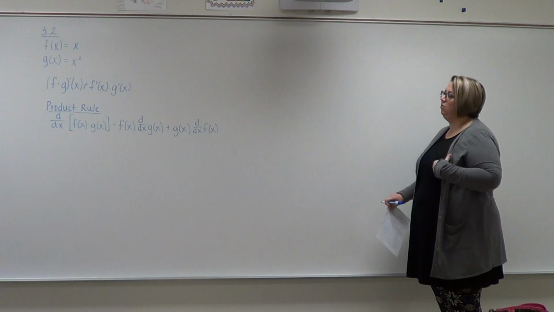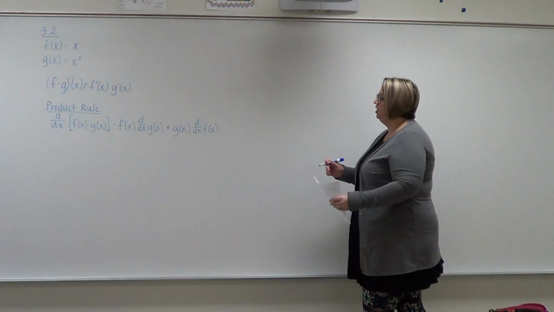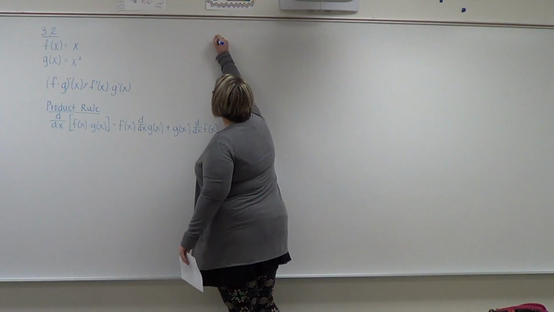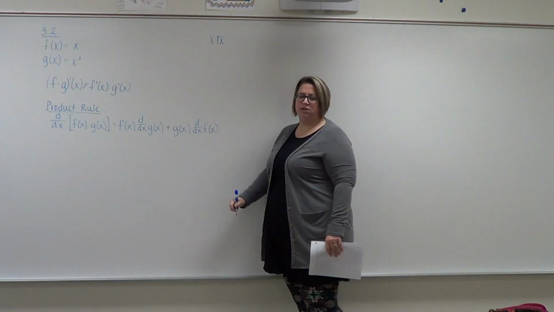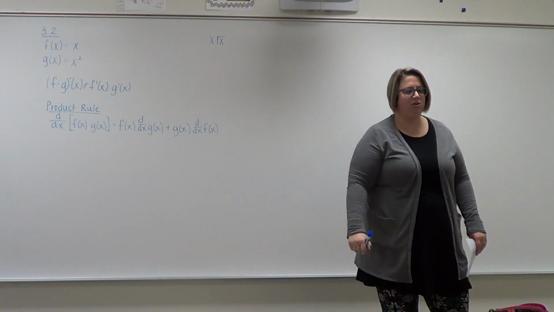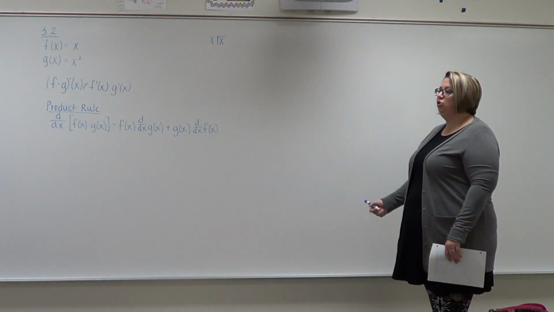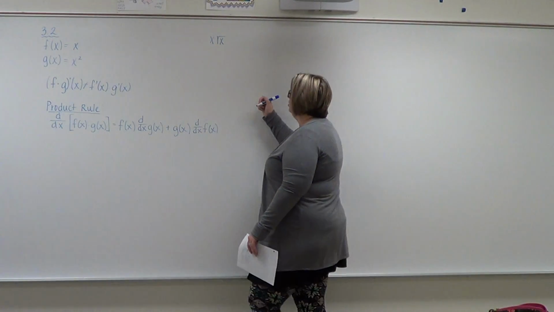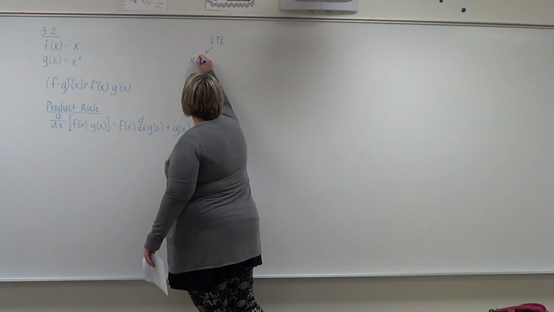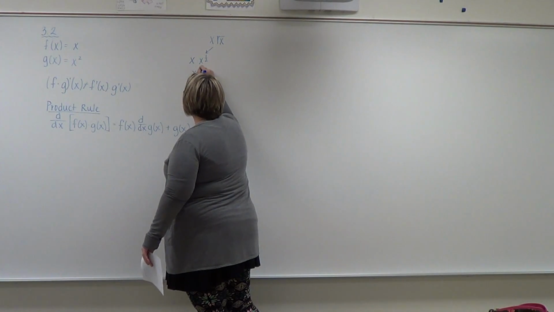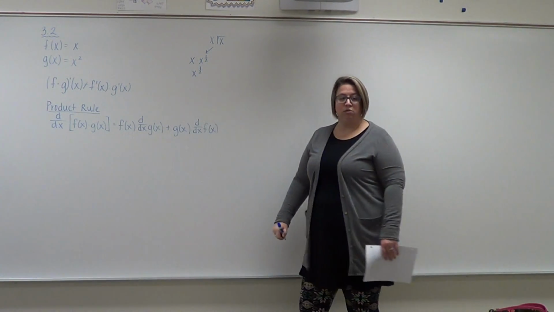Like, I think in the last section we did a problem like x times the square root of x. I think so. Something similar to that. So you could do this problem two ways. You could combine the exponents, because this would be x to the 3/2, and then do the power rule.